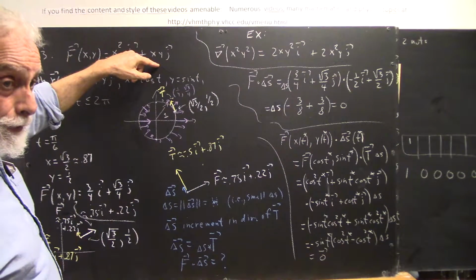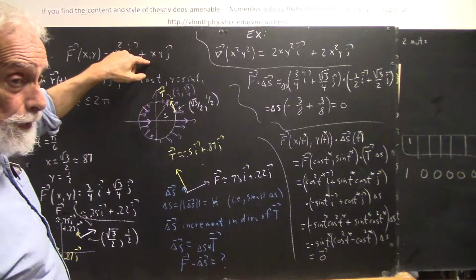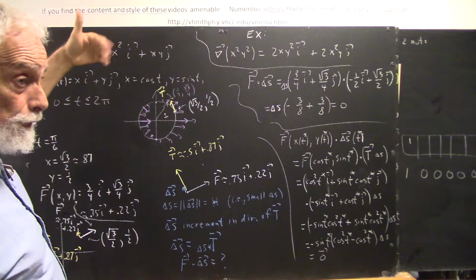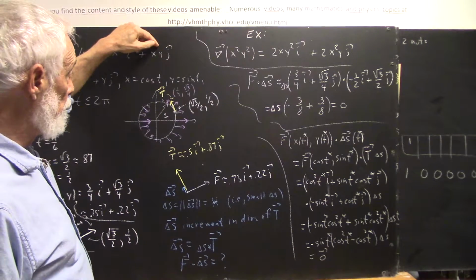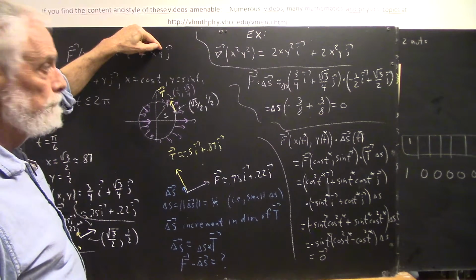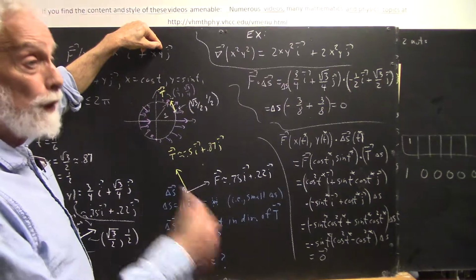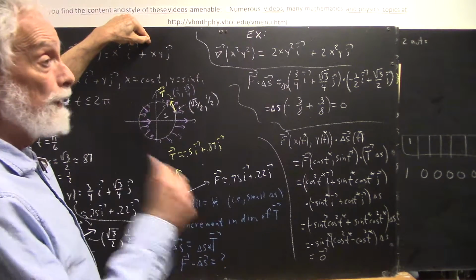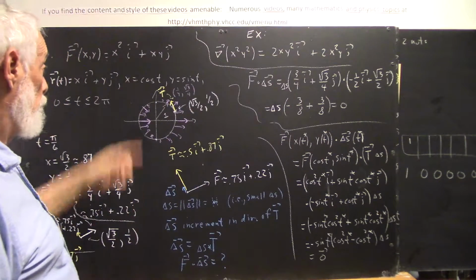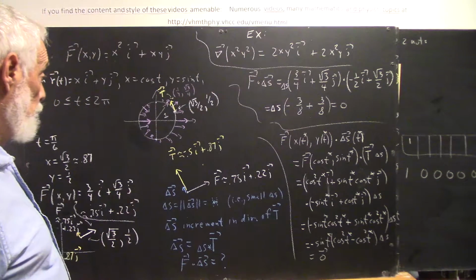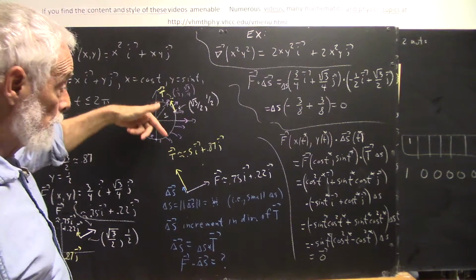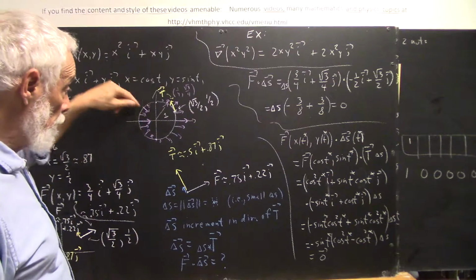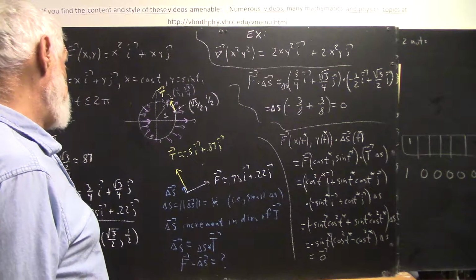The y value is still going to be square root of 2 over 2. The x value is going to be negative square root of 2 over 2, giving you a negative j component that has the same magnitude as the j component over here. So your vector is going to be this way, and will in fact be pointing toward the origin.